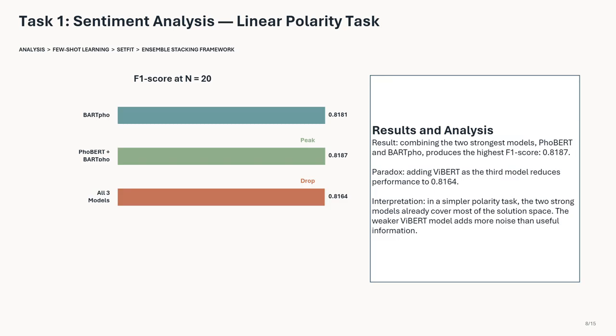This result shows that more models do not always mean better performance. For a simpler task like sentiment analysis, the stronger models already cover most of the useful information. In this case, the extra model adds more noise than benefit.